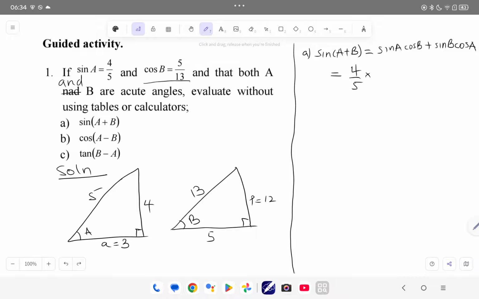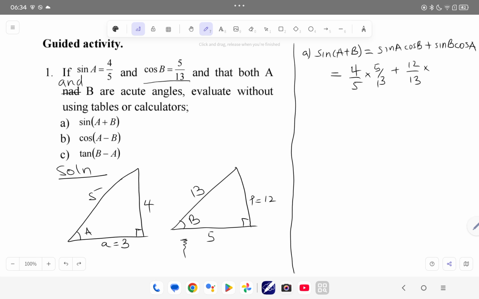Cos B is 5 out of 13. Now sin B, we shall get from here. Sin B is opposite over hypotenuse, 12 out of 13.